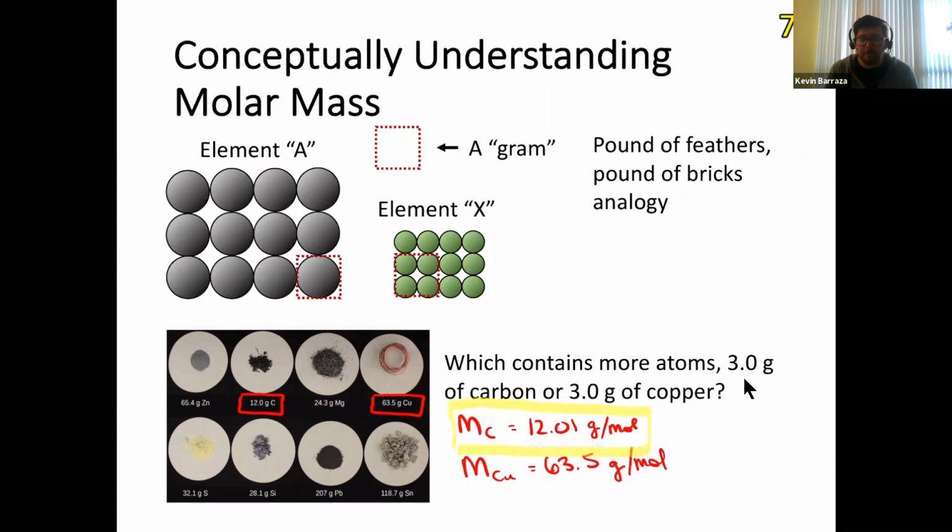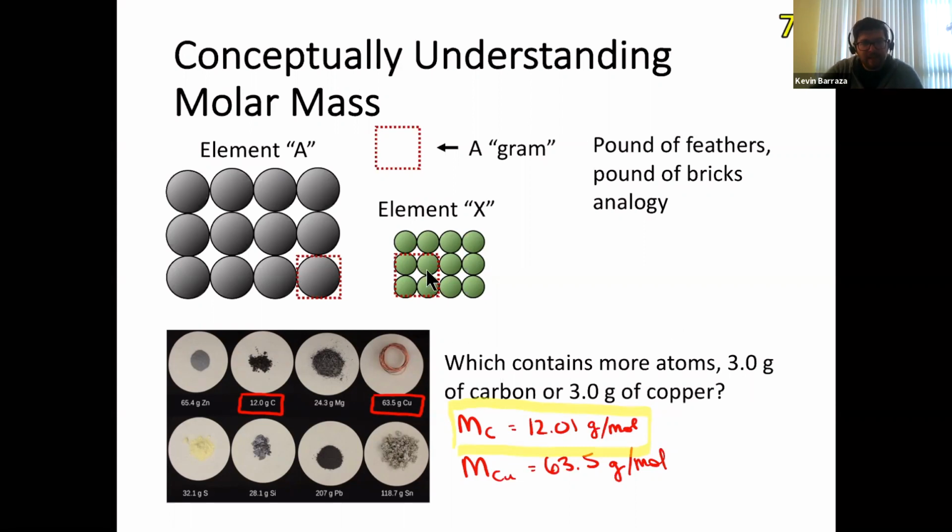Carbon has a lighter molar mass, meaning it doesn't take as much to fill out 1 mole of substance. This implies correctly that we will get more particles per gram from carbon.